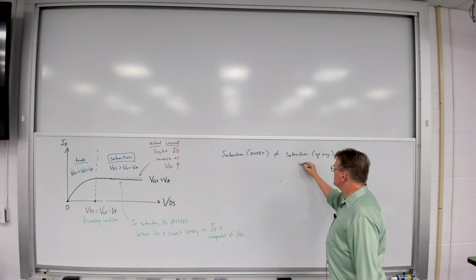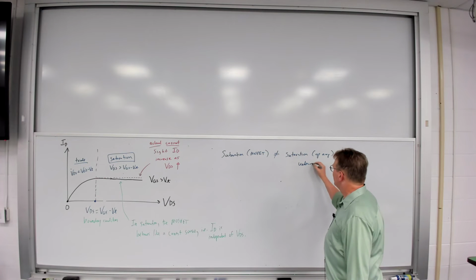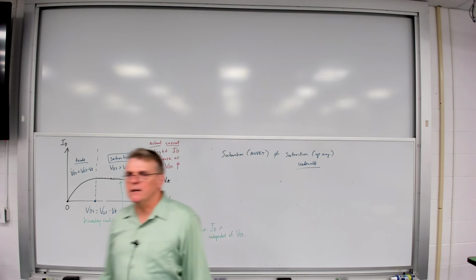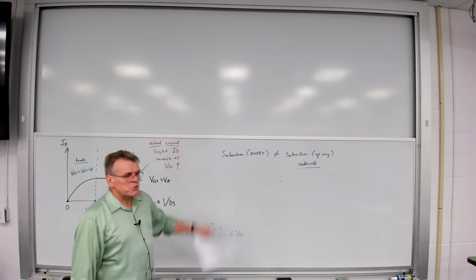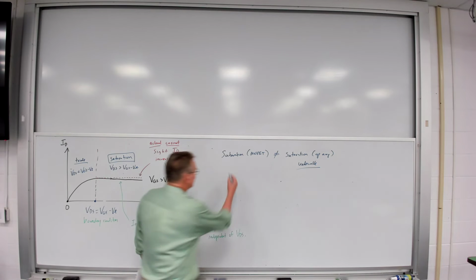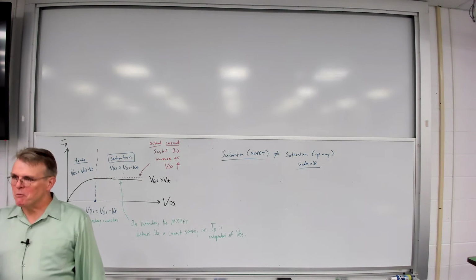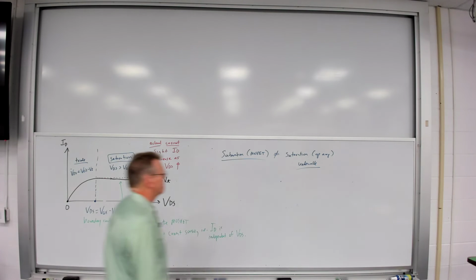Op amp saturation is very undesirable. When an op amp saturates, it doesn't work anymore. It's no longer acting like a linear device. Saturation for a MOSFET, on the other hand, turns out to be the most desirable operating region for a MOSFET.